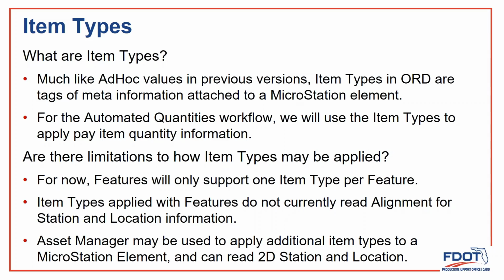You can even go so far as to use an item type to include a link to the spec that applies to a certain element. You can apply a link to the APL for an item that is already on the approved products list. They can be used to attach any kind of information you want to an element.